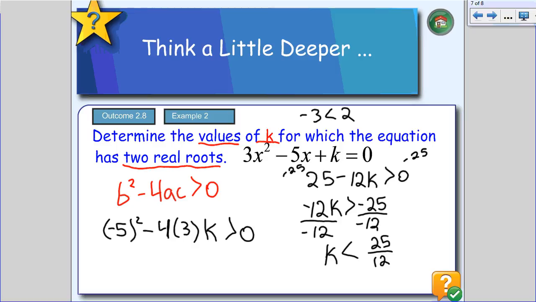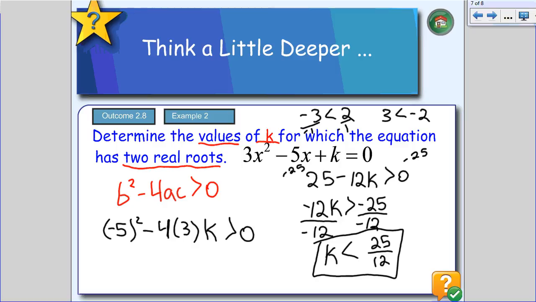You've divided both sides by negative 1. 3 is less than negative 2. That doesn't make sense anymore. So you have to switch the sign. So K is less than or equal to 25 over 12. That's your answer.